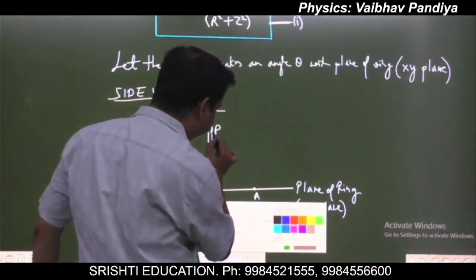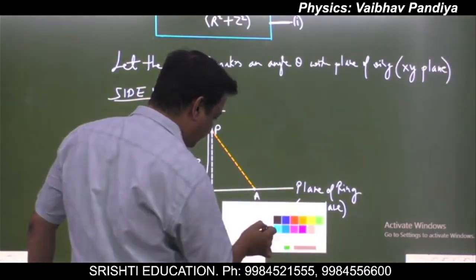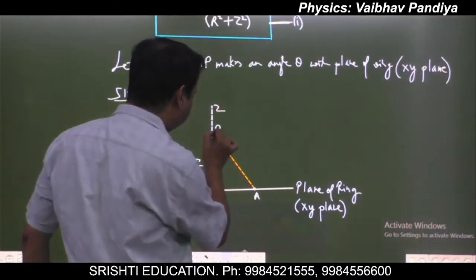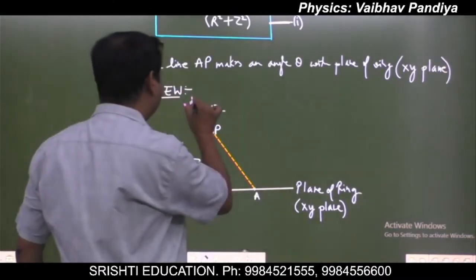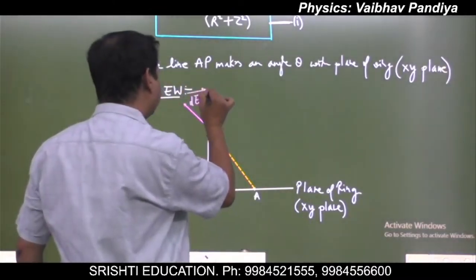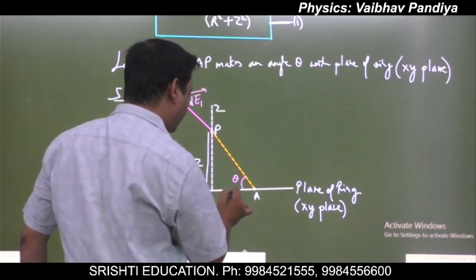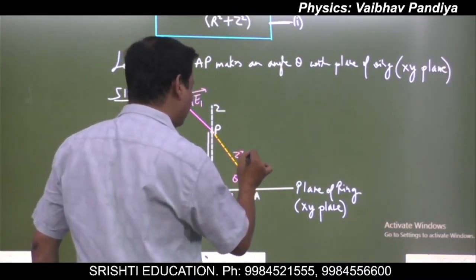And so your angle theta, this is a vector dE1, and this is your angle theta, and this is R, this is Z square plus R square.